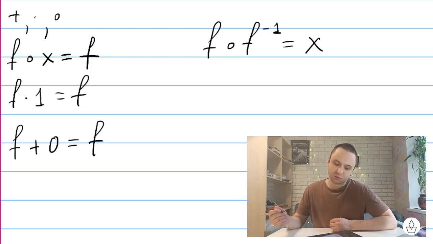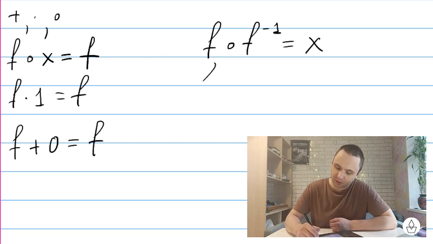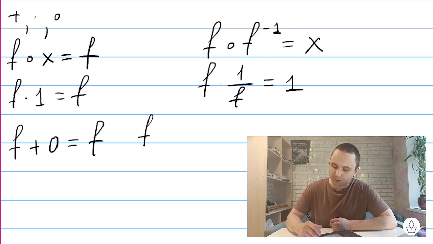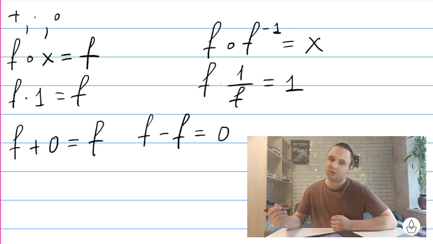If we want to write the multiplicative inverse, we simply write 1 over f. f times 1 over f is equal to 1. All other powers we denote as usual. The additive inverse we also write as usual. f minus f is equal to 0. And so, we have everything we need to define the integral axioms.